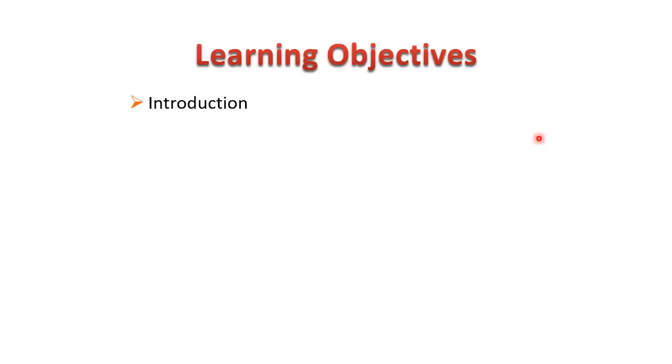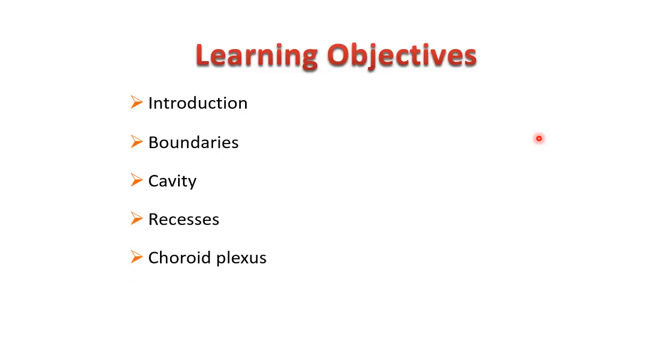Then we will discuss in detail the boundaries or walls of the fourth ventricle, then the cavity of the fourth ventricle, followed by the recesses of the fourth ventricle, and then the choroid plexus, and finally we will conclude today's session with the clinical aspects.